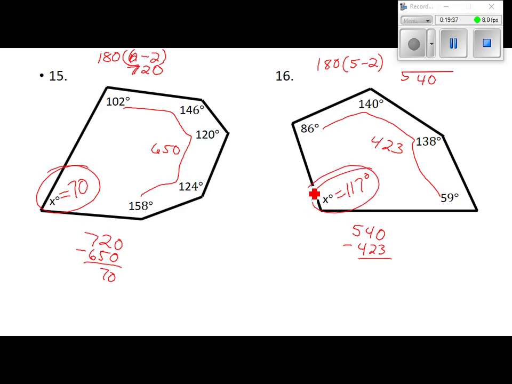So x is 117 degrees. You've got to be careful punching stuff into your calculator, right? Make sure you see it right, so you don't make a little careless mistake.